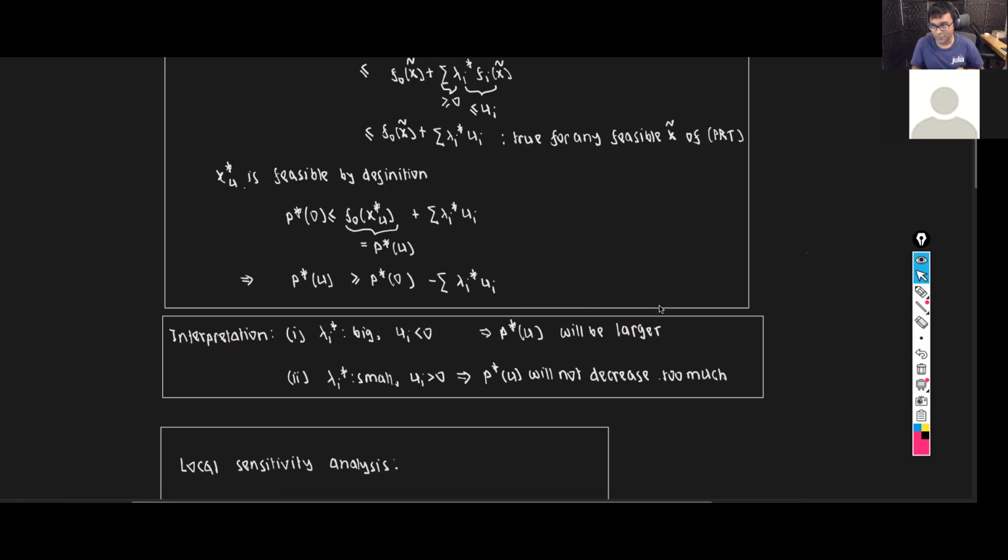If you're working in finance and trying to minimize cost, especially the first case could save you a lot of money, right? So that was the interpretation of this, and then we will go into local sensitivity analysis.